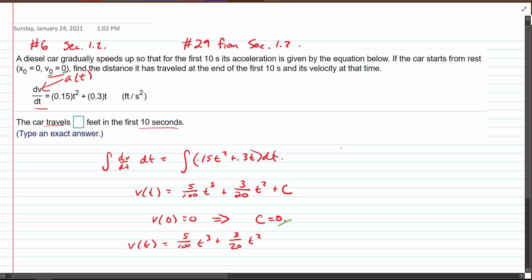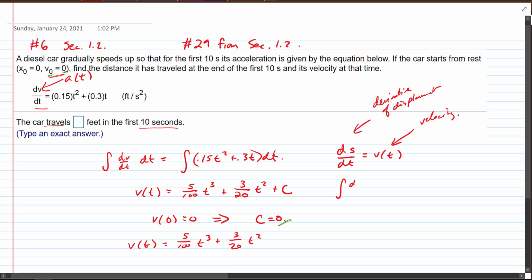So what we need to remember here is that ds/dt is our velocity. So ds/dt is our velocity function. This is just something that we got to recall from Calc 1, that this is the derivative of displacement, and we remember from Calc 1 that that is velocity. So what we need to do here is integrate both sides.